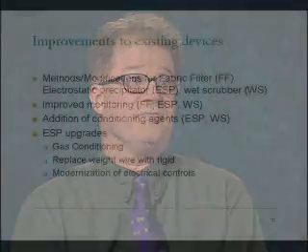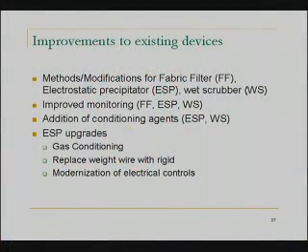Examples of improvements to existing devices would include improved monitoring, conditioning agents, modifications such as, say, upgrading the size of an electrostatic precipitator, gas conditioning, certain types of internal equipment replacements at electrostatic precipitators.